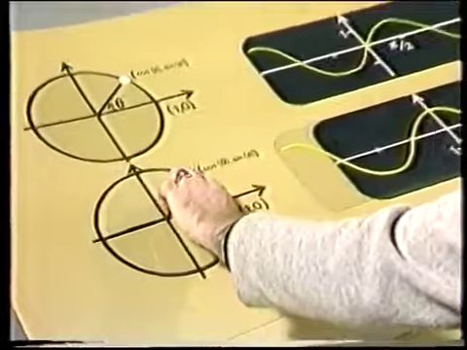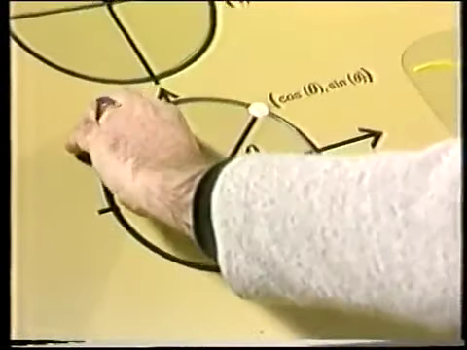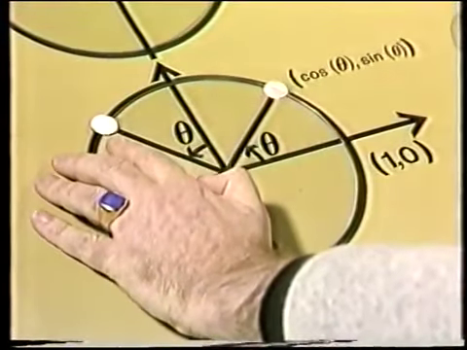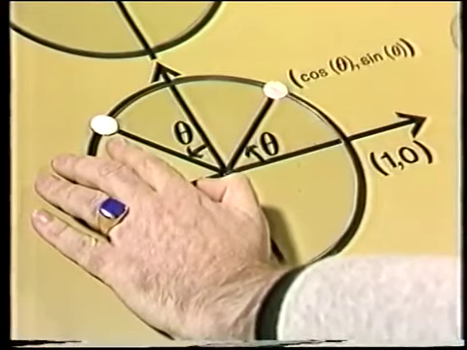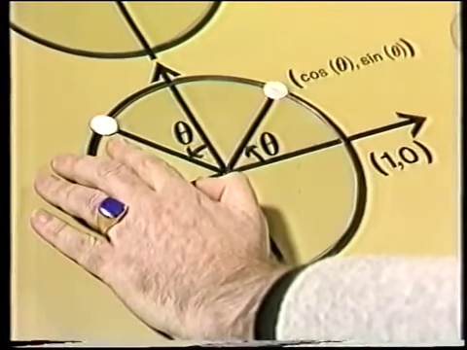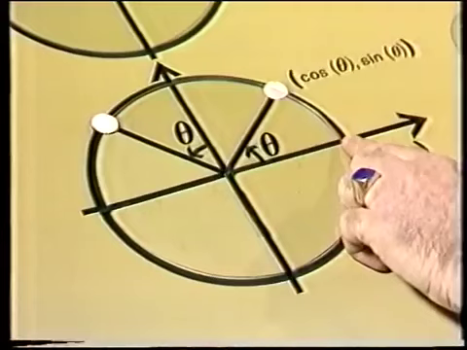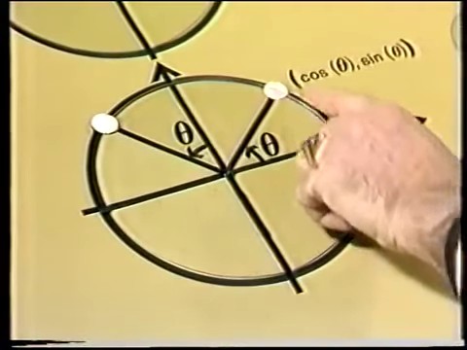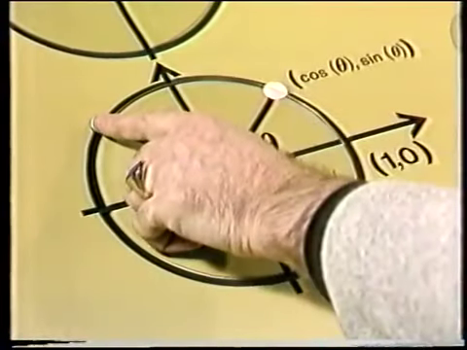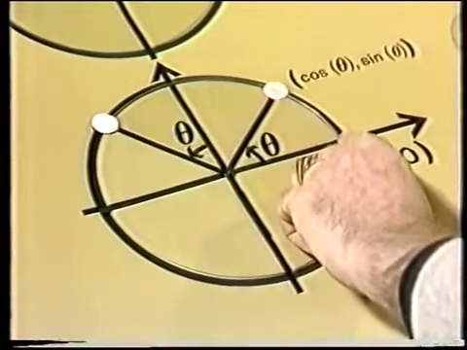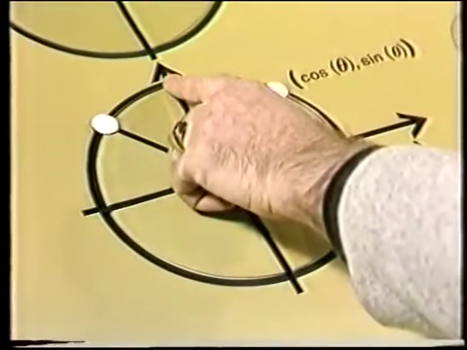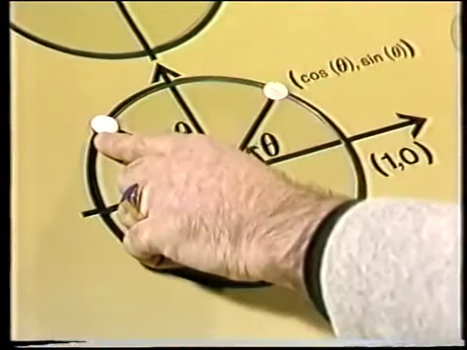If we take this point and rotate it through pi over 2, we get this point. Well, what are the coordinates of this rotated point? We can get that point from (1, 0) by first rotating through theta and then by pi over 2, or alternatively by rotating first by pi over 2 and then through theta.